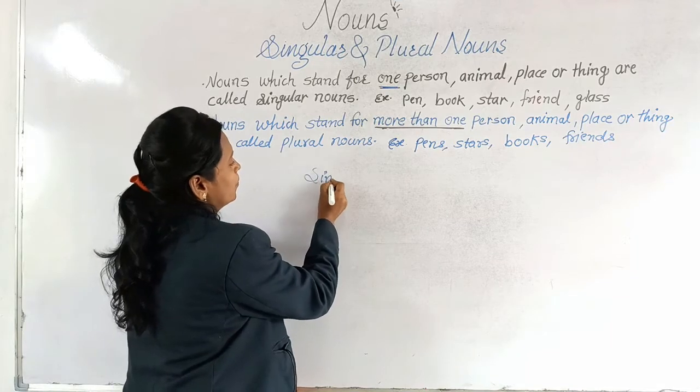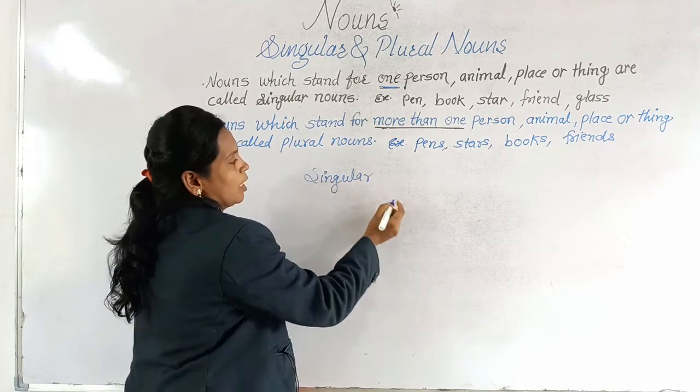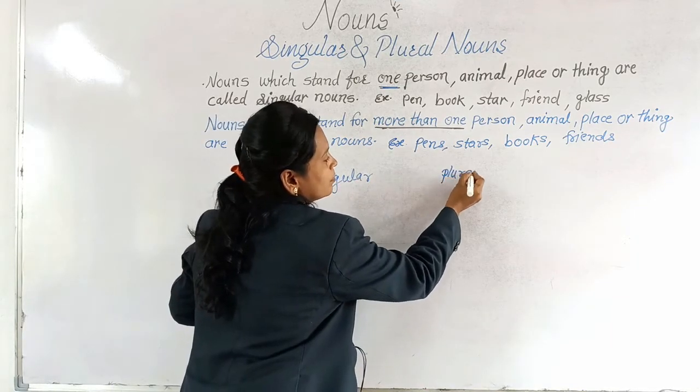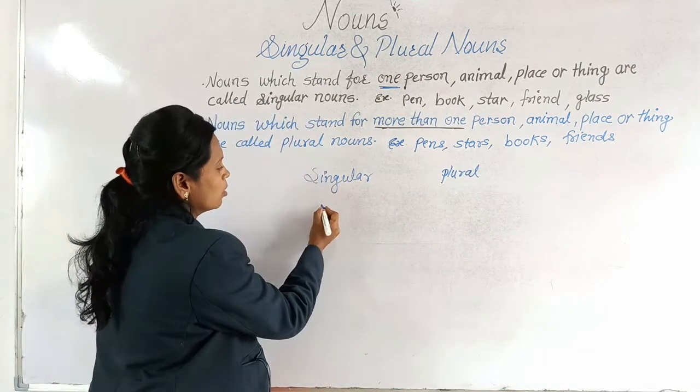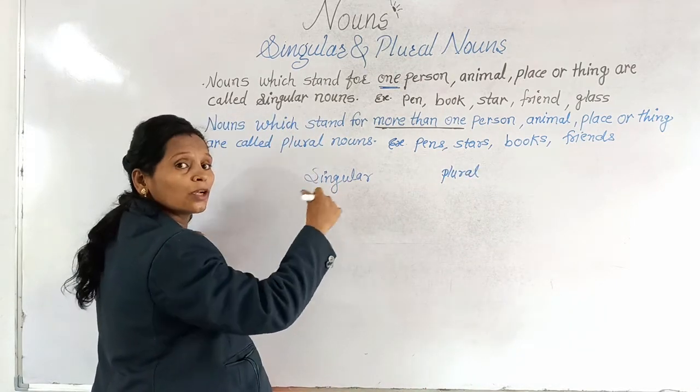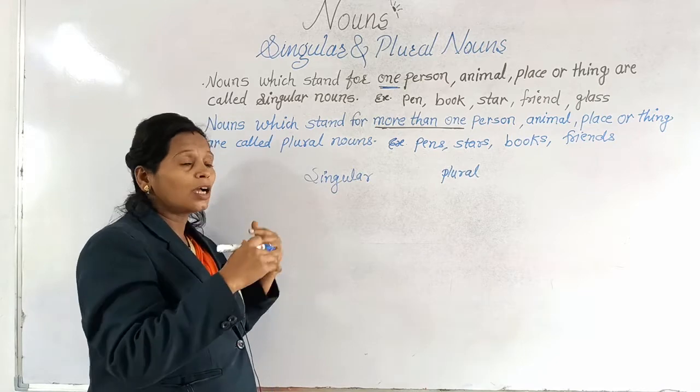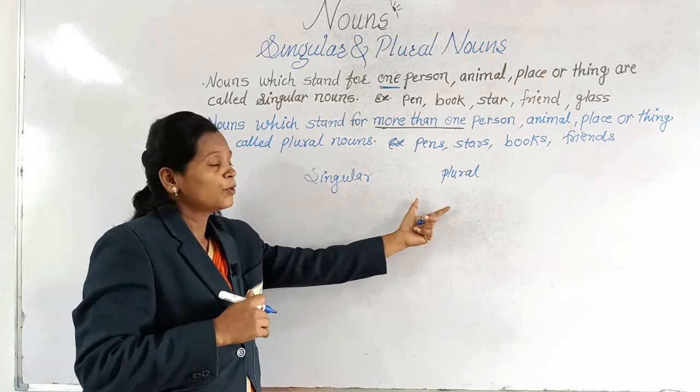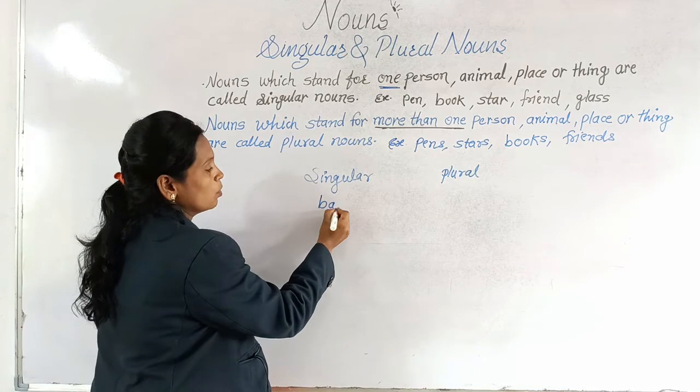Singular and plural. Okay, so look here, how can you add s to the noun to make the plural? For example, balloon.